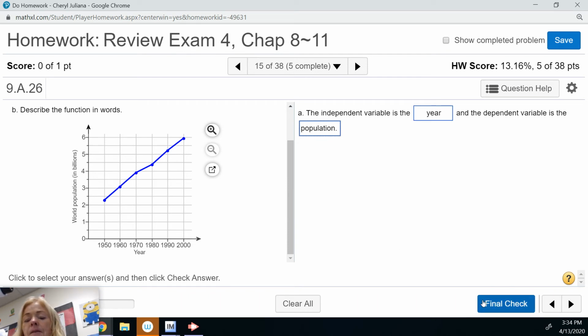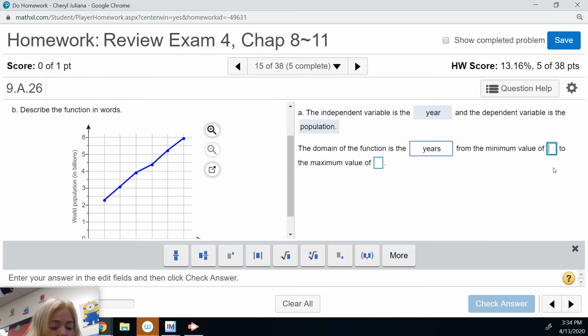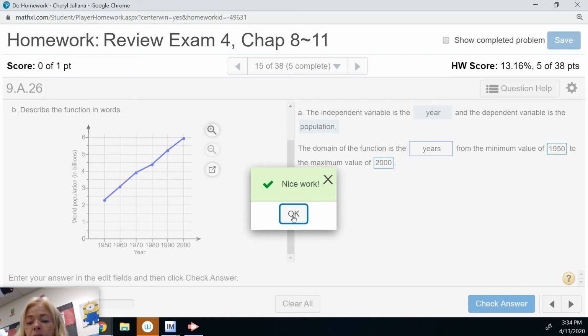It's the range there. All right. And then the domain of the function has to do with where it goes from 1950 to 2000. So the domain is the years from 1950 to the maximum of 2000, because those are the years that the function encompasses.